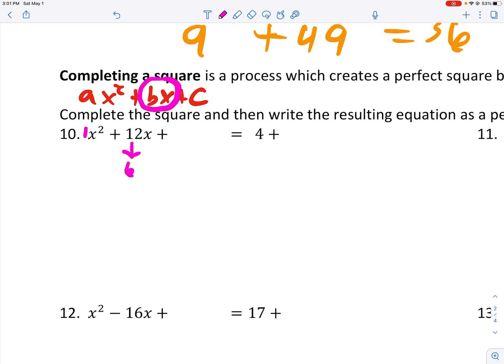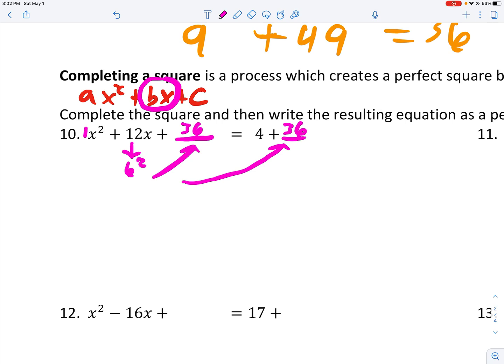So that's 6. We square it, and we add it to this side and to the other side. So 6 squared is 36. Again, we're rewriting our equation to make it look different so that we can actually graph this. It'll make more sense when we do this tomorrow. This is just an introduction to completing the square.